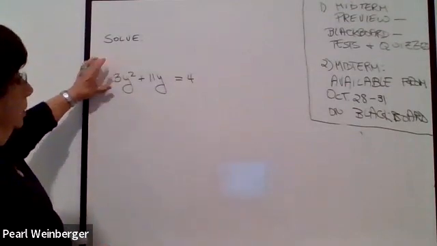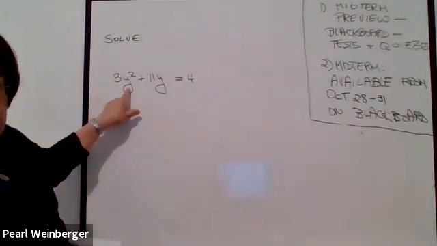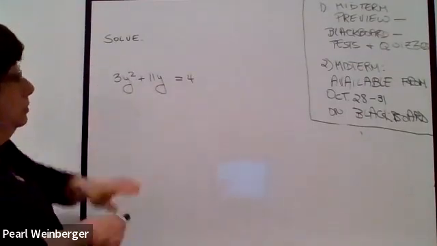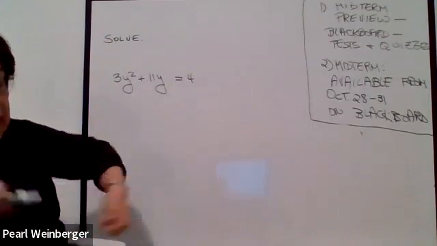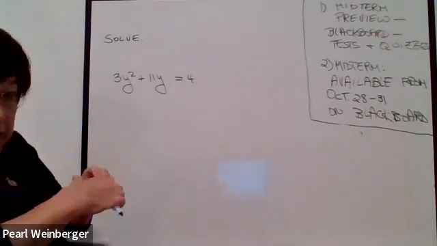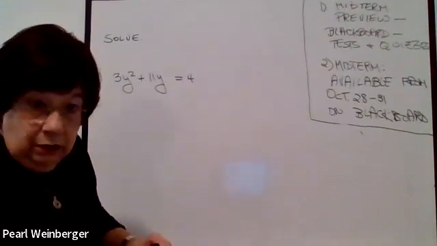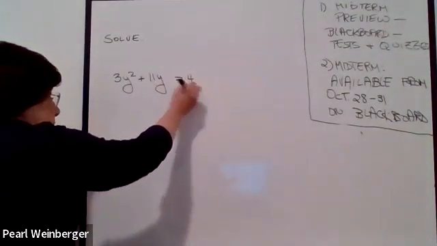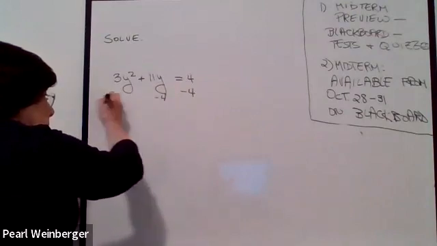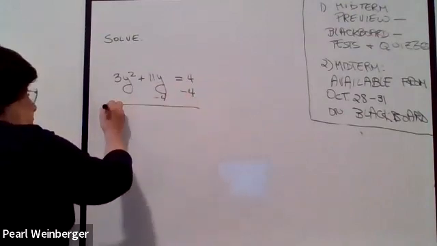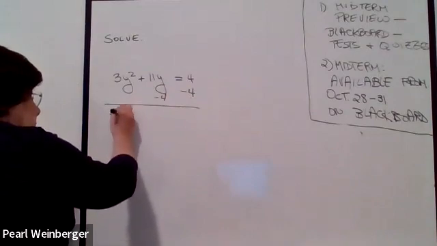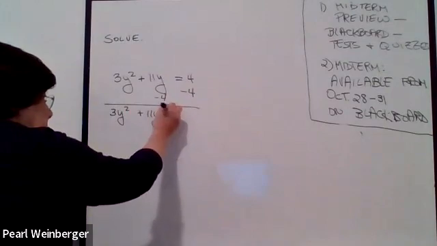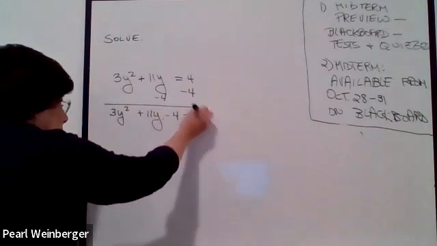We see it's a quadratic equation because it has a square in it. The variable has an exponent of 2, which means the first thing we've got to do is get it equal to 0. So I'm going to bring this 4 to the other side, which will give me 3y squared plus 11y minus 4 equals 0.